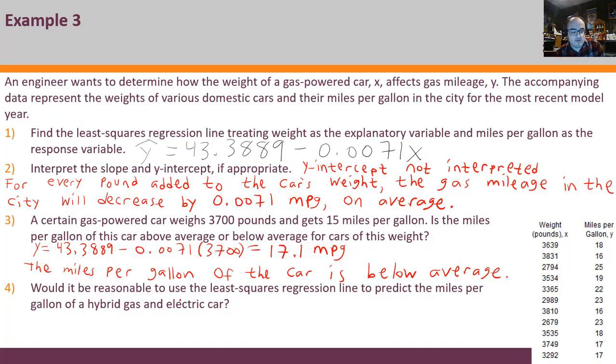And then this last one: would it be reasonable to use the least squares regression line to predict the miles per gallon of a hybrid gas and electric car? The answer to that would be no. Right? As we see here, this is only for a gas-powered car. For a hybrid car, it might be different.